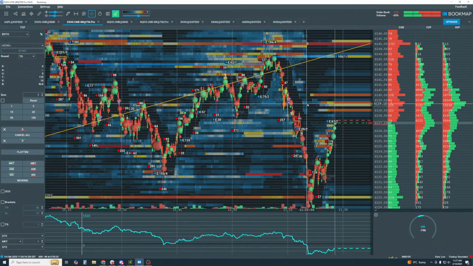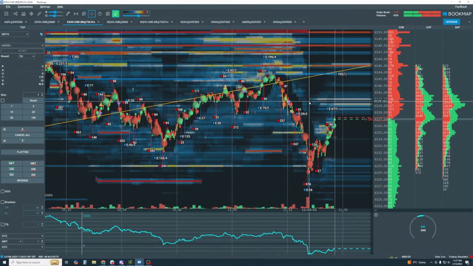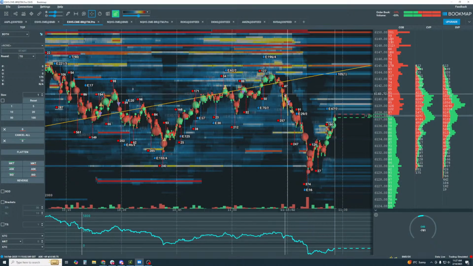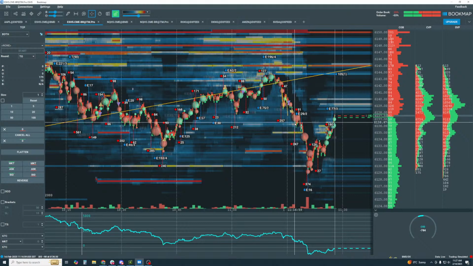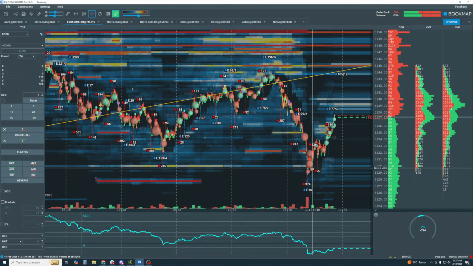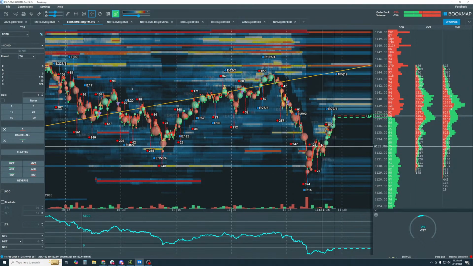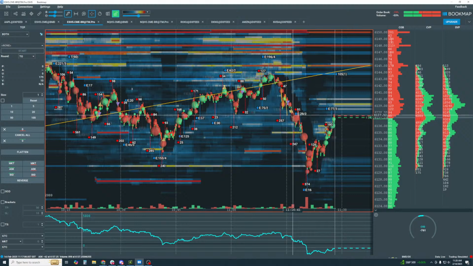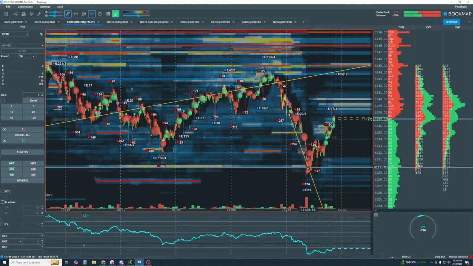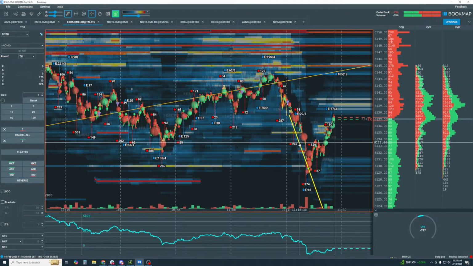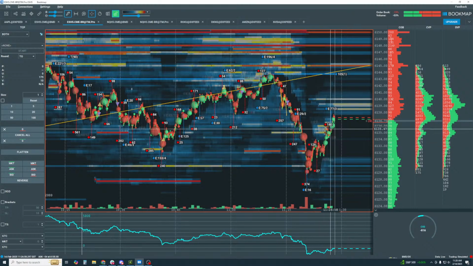Okay, but in terms of these strong moves, this is a lot of strong selling that moved the market away. Okay, and then how does this refer to, sorry, to the strong buying here?